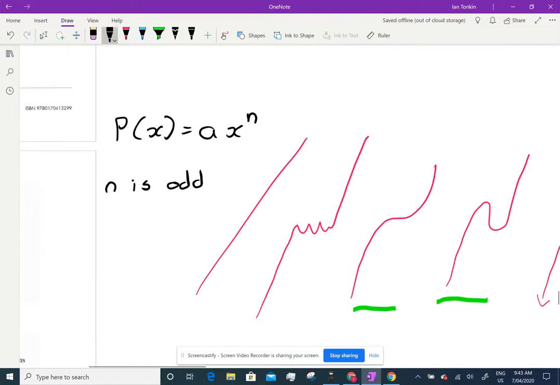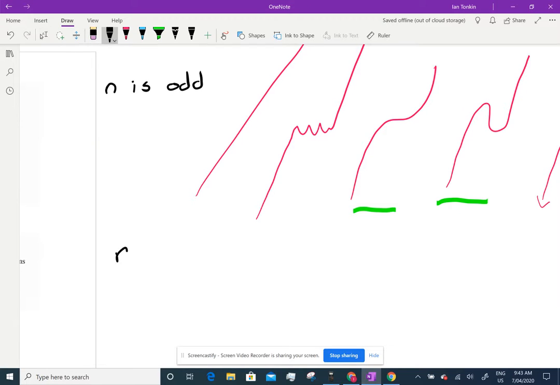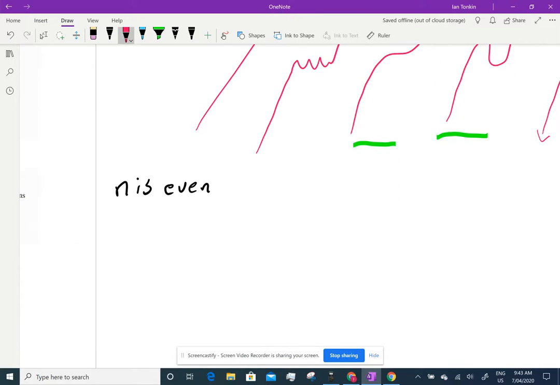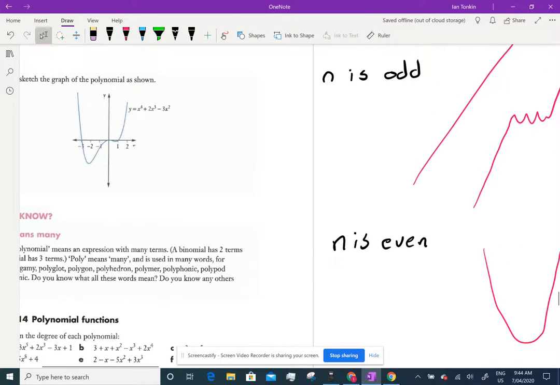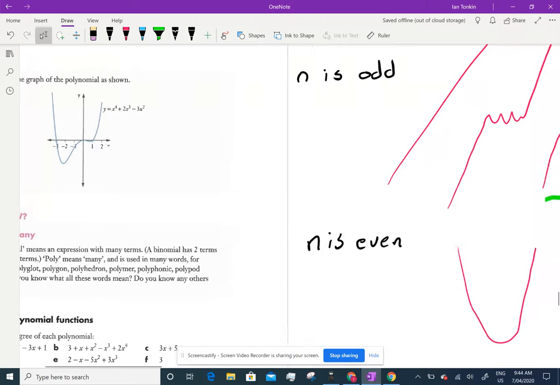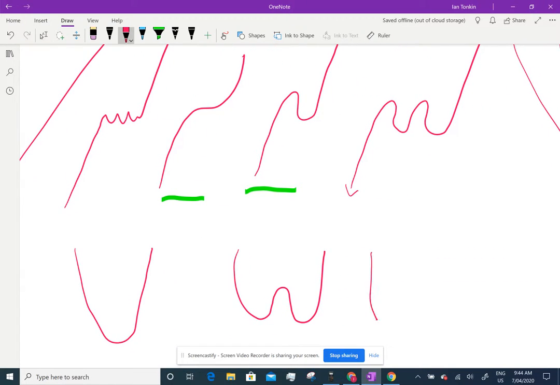However, if n is even, well, we already know the quadratic goes like that. If n was a 4, we can get a quartic. It could go like that. Or indeed, like this one over here, it could go like that. But it'll always start from up here and go back to where it came from.